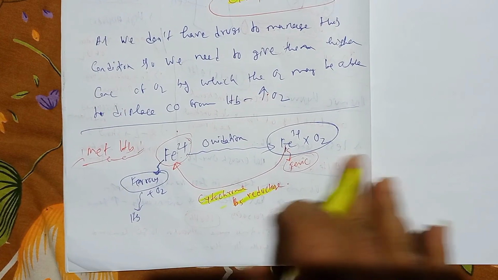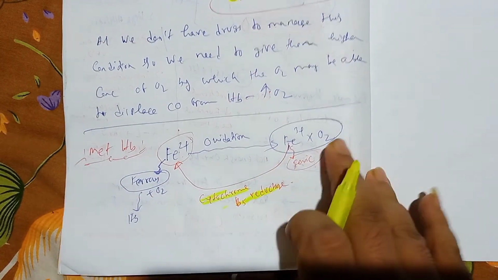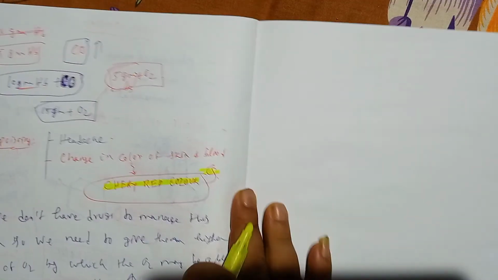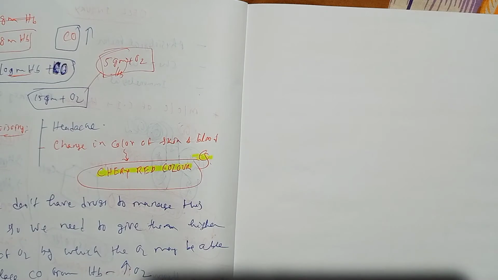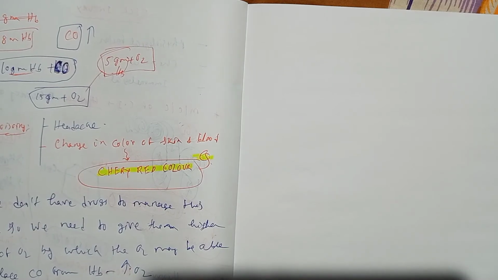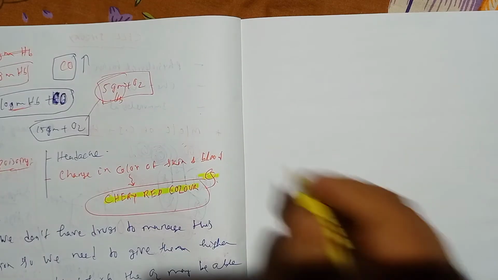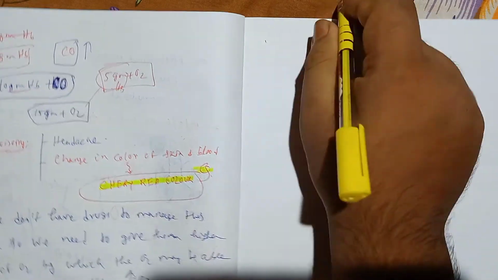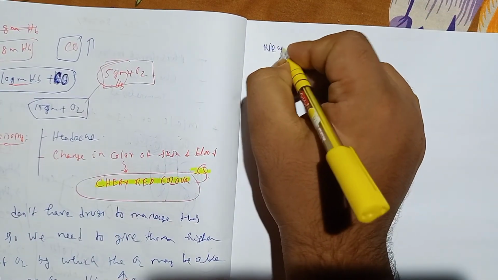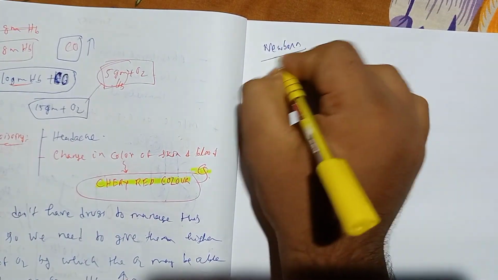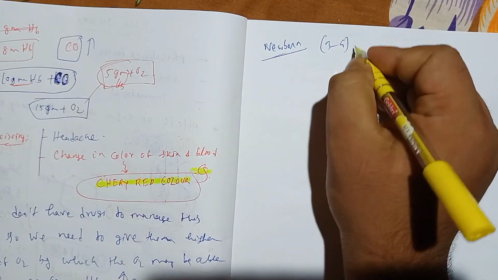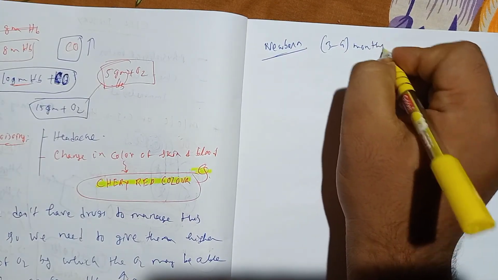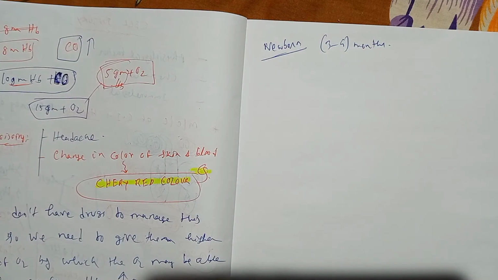Now, what clinical aspects do we have to know, especially in the case of newborns? In newborn babies around 3 to 4 months, there is a higher risk and higher chance of causing the condition of Fe3+.